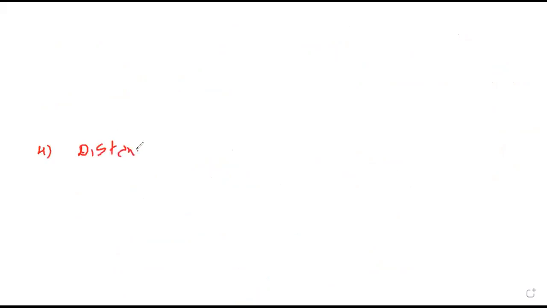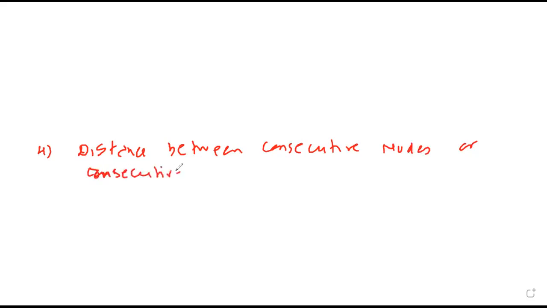The distance between consecutive nodes or consecutive antinodes is lambda by 2.